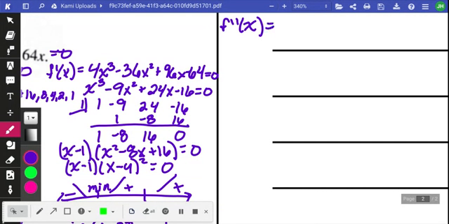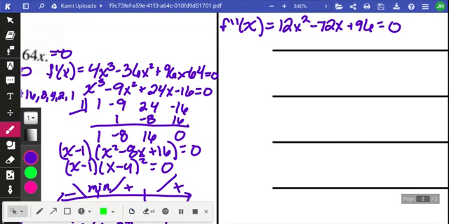Okay. So the second derivative of the 4x cubed term will be 12x squared minus 72x plus 96. And then we need to set that equal to 0, so that we can figure out where it's going to be concave up and concave down.